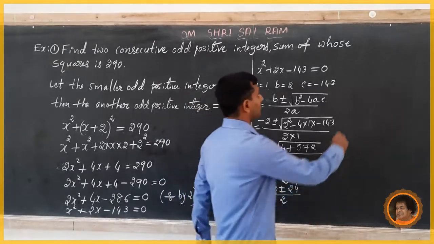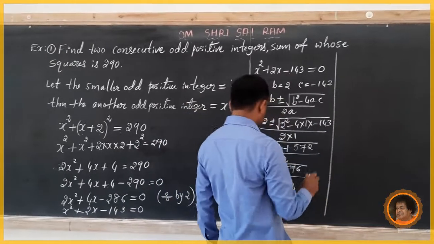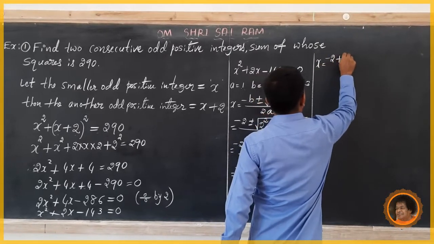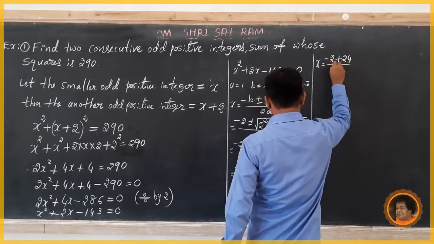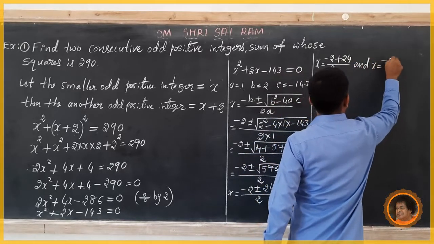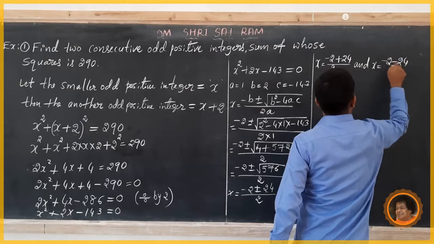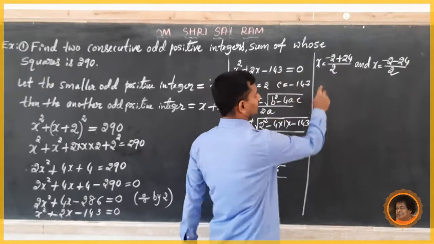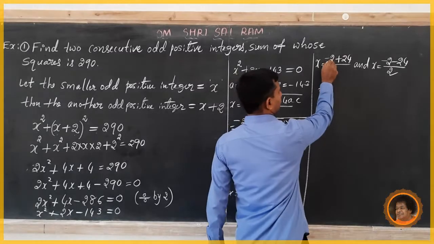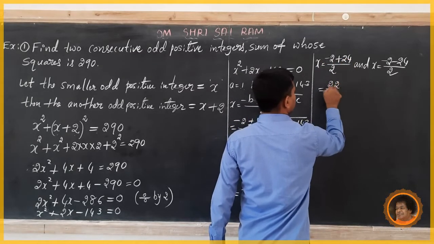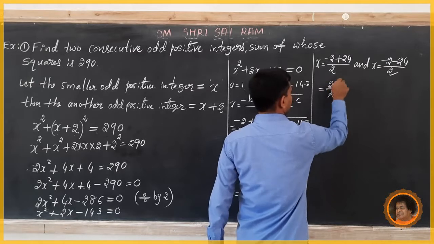Now find the value of x. So how to find the value of x? So x equal to minus 2 plus 24 divided by 2, and x equal to minus 2 minus 24 divided by 2. So find the roots. So x equal to minus 2 plus 24, that is 22, divided by 2. 2 ones are 2, 2 11s.